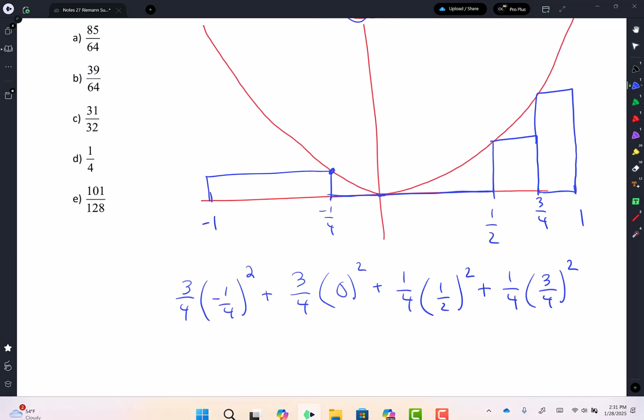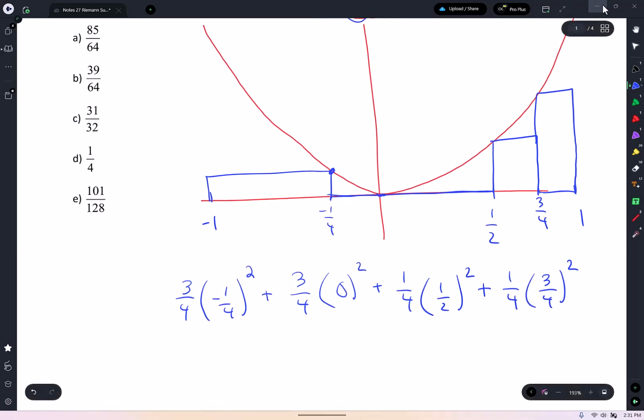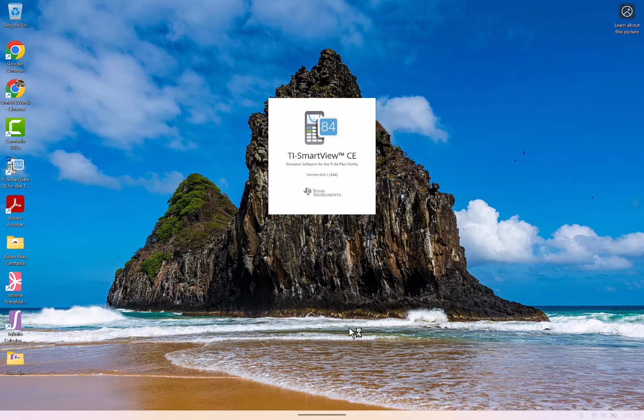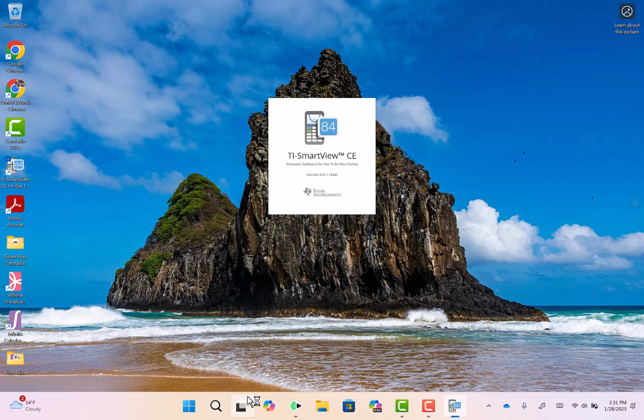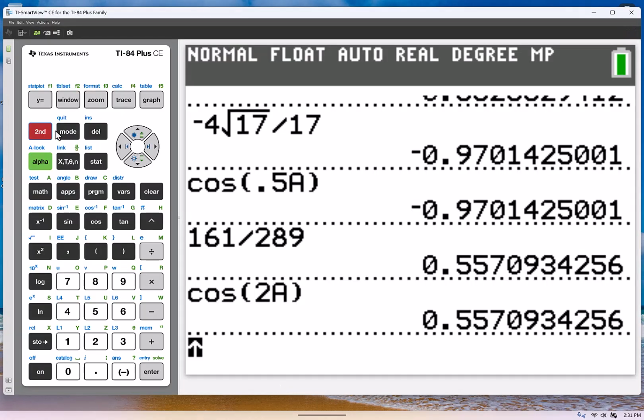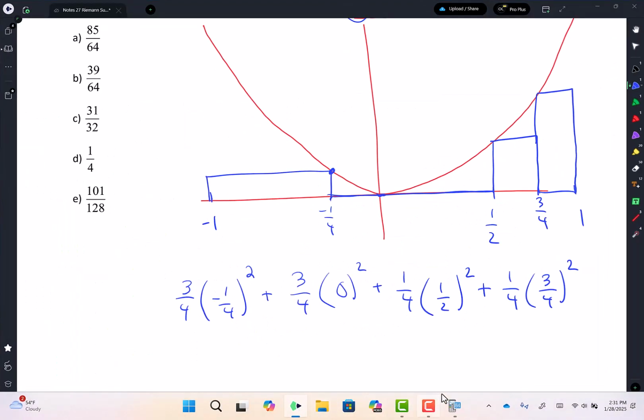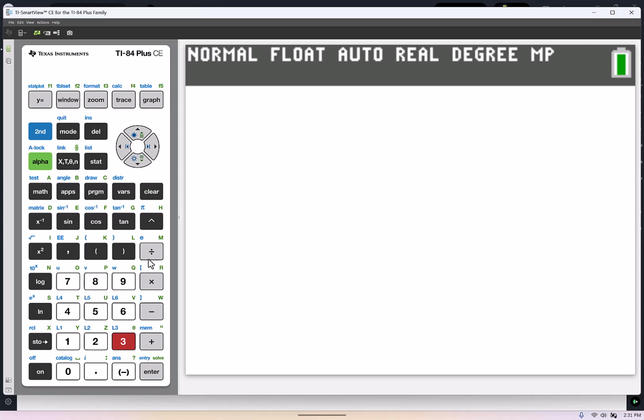Okay, take your calculator and let's find what that is. 3/4 times negative 1/4 squared. I guess you don't have to, like I said, put that negative there.